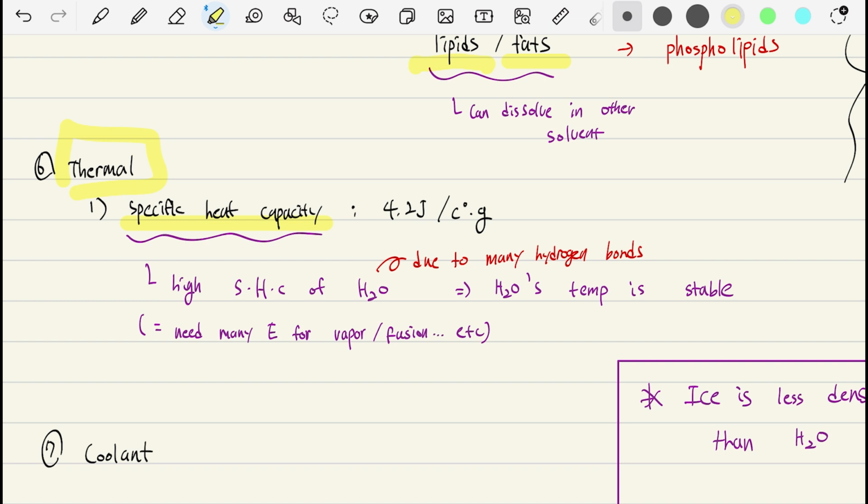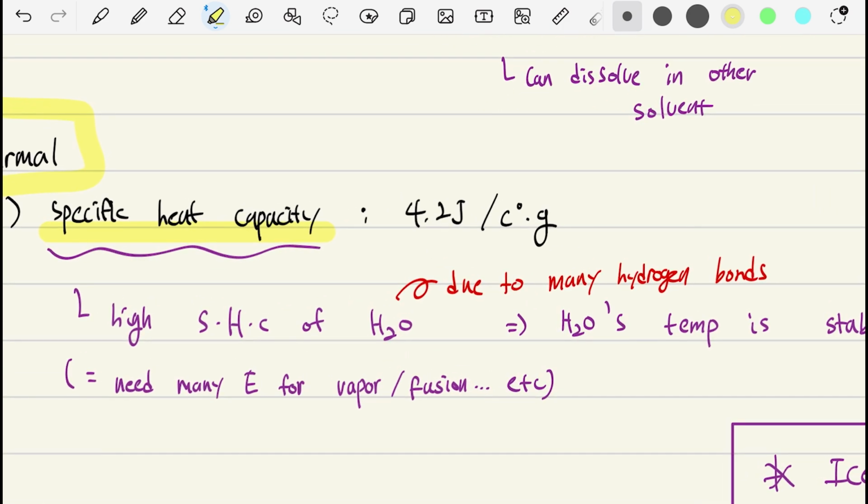That was a poor explanation, sorry. Specific heat capacity means the energy needed to heat up 1 gram of substance by 1 degree Celsius. And in water, it's 4.2 joules per gram per degree Celsius.